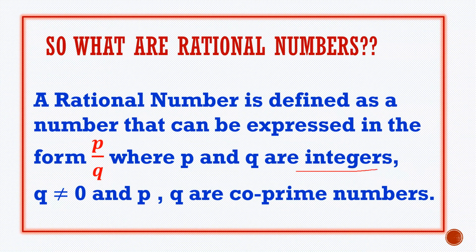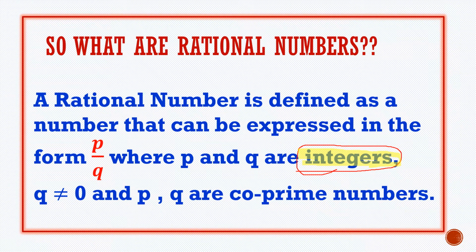But when we talk about rational numbers, numerator and denominator both are integers. Don't forget it. And Q is not equal to 0, and if P and Q are co-prime numbers, then it is said to be in standard form.